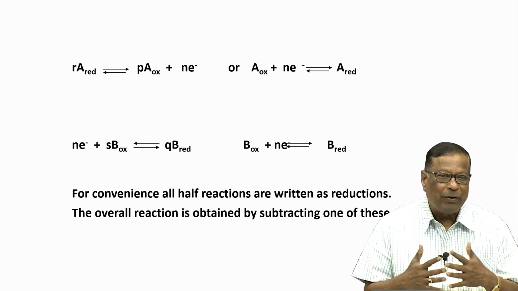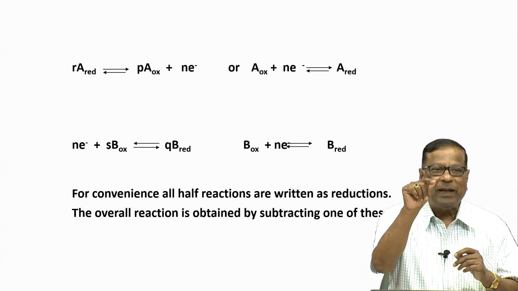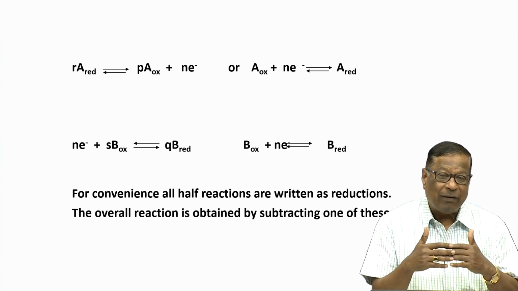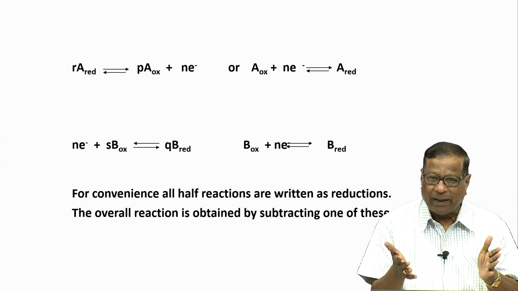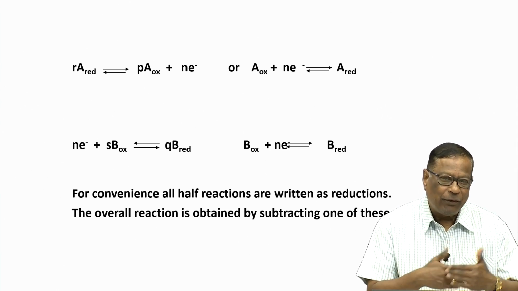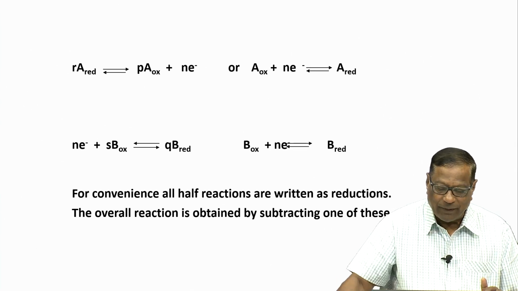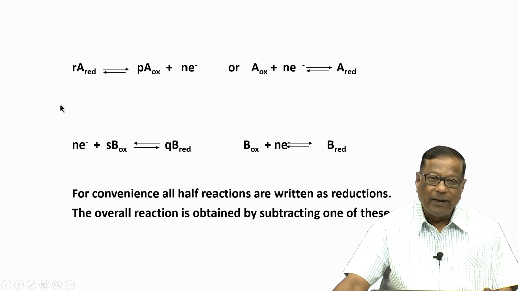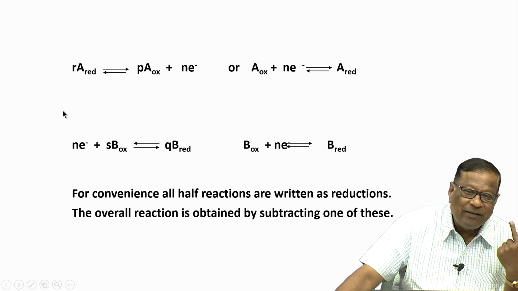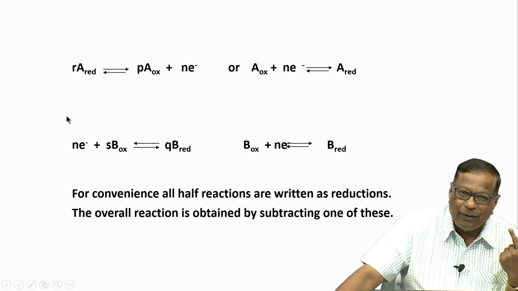Now I am going to create a scale in which I can compare which is a better reductant and which is a better oxidant. The one which has the higher value is a better reductant. The one which has the lower value is not so good a reductant, or it could be an oxidant also. To compare every redox reaction, I need a comparison standard, but I cannot have a comparison standard with only one half cell.